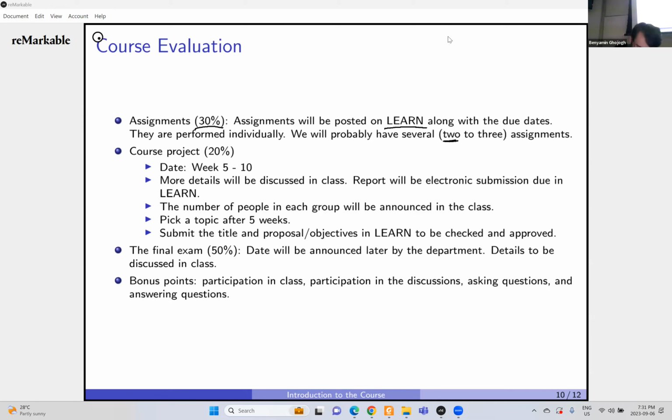We'll have a course project, 20%. Close to the middle of the semester, you will form teams and upload a proposal. The proposal will not be graded, it's just for us to check what you are working on. After we say that's fine, you will work on it and submit the course project report and code.